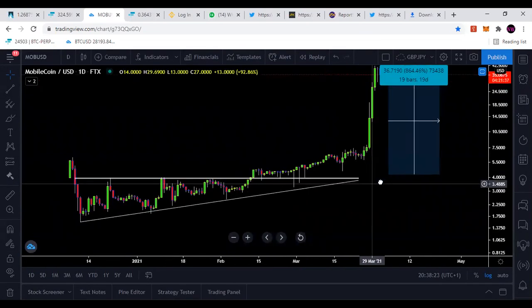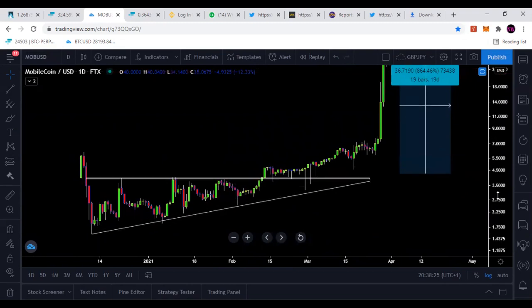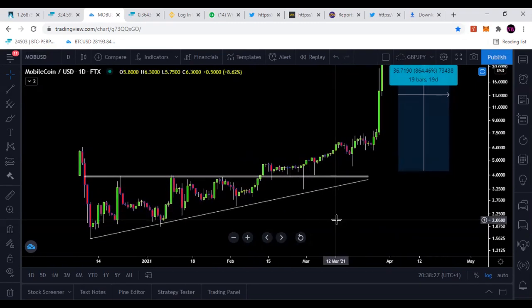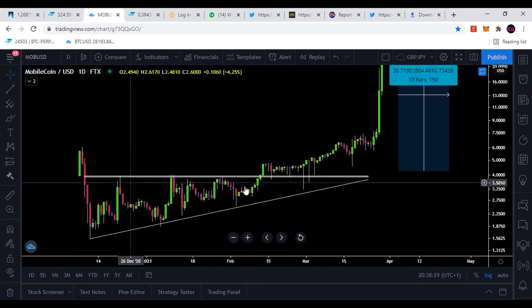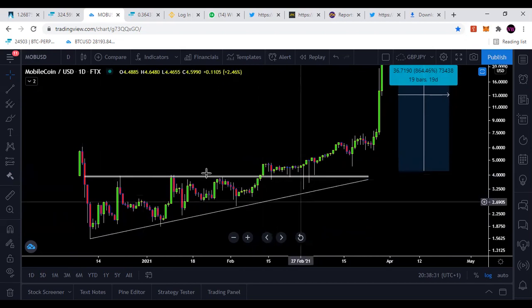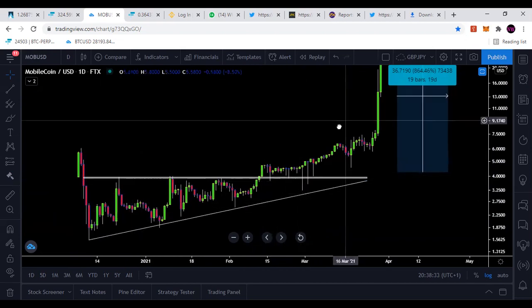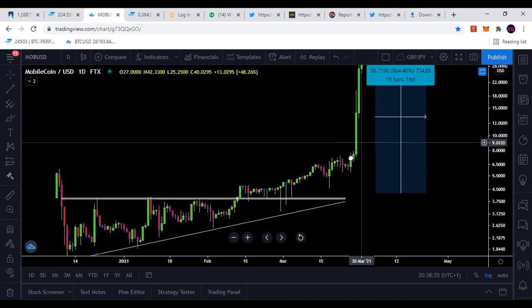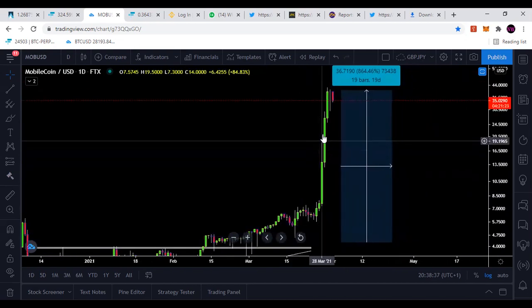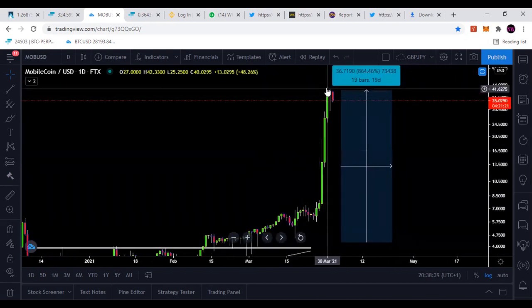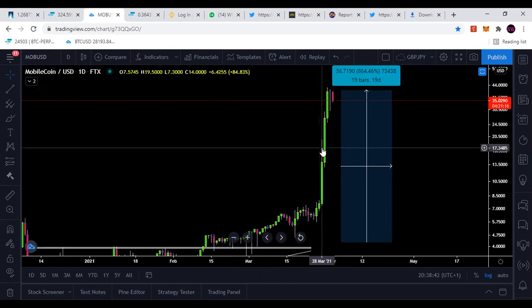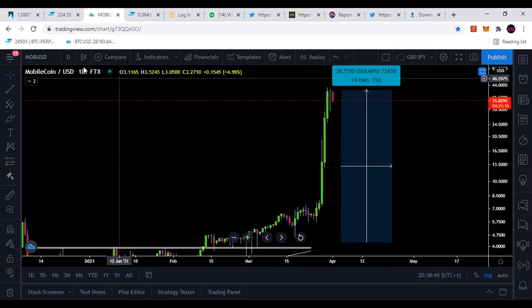So we got this level. If you watched the previous video I did on this, we got this ascending triangle, which we calculated a target of 9 USD. And you can see how the move continued moving higher, and it got to 42 US dollars, and you can see price has paused a little bit.